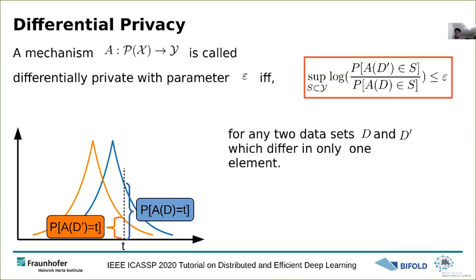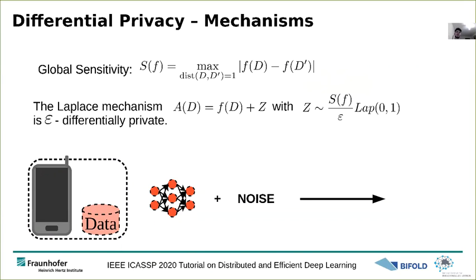So this is the definition. Now you might ask, well, how do we get these bounds? How do we know if something is differentially private? And there are actually very simple mechanisms that can make any function differentially private. So essentially, if you have a function that's not differentially private, you just have to add noise. There are different mechanisms. Here I've just put the Laplacian mechanism.